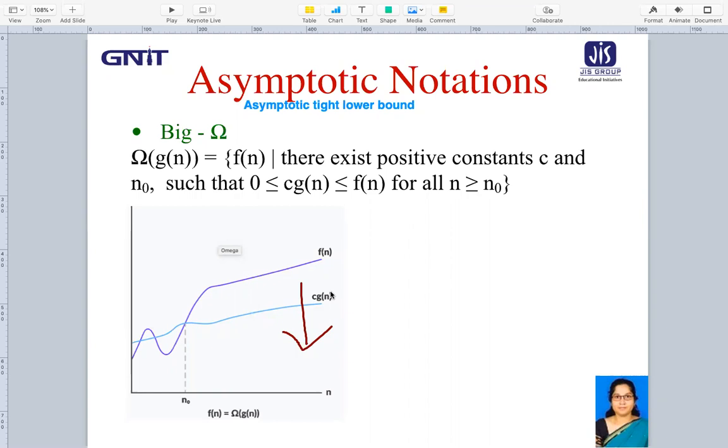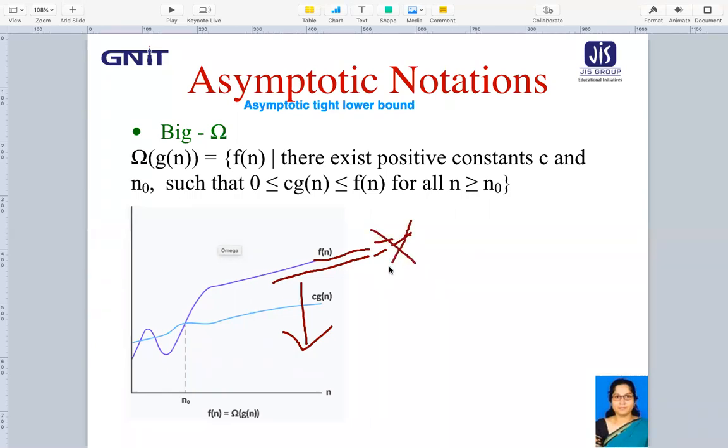Now, why the term asymptote? I just missed that in the previous slide. Asymptote means two curves which will go parallel and very close to each other, but they will never converge. So they will never meet.